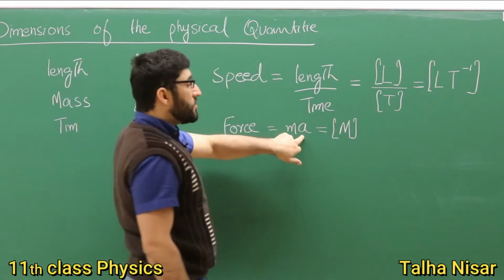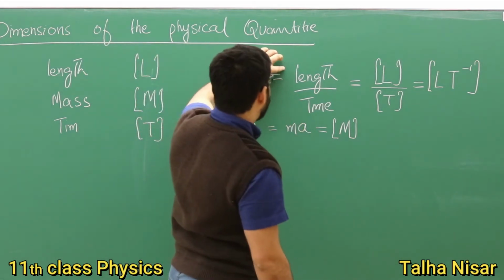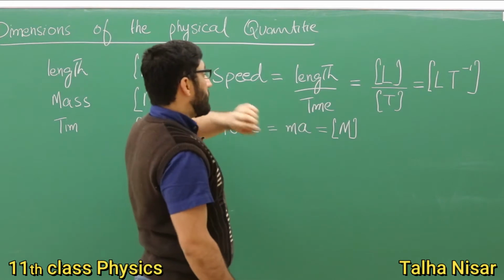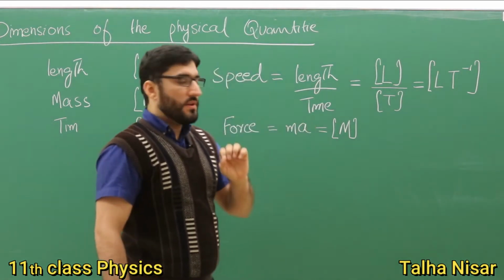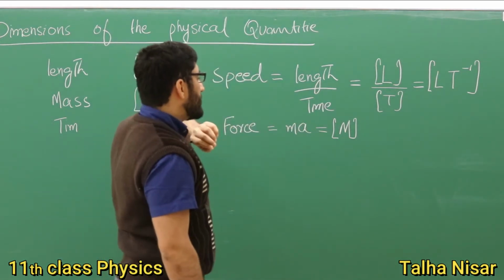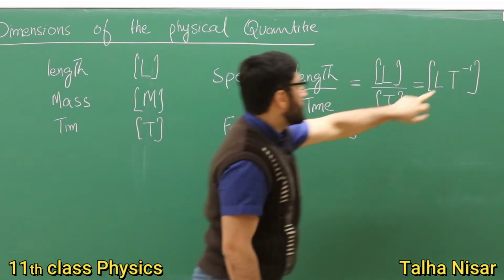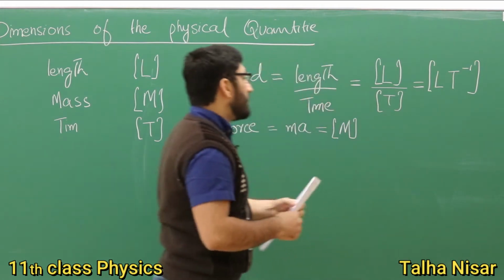For the acceleration, so we know for speed is the length divided by unit time, and the acceleration is the speed per unit time, change in speed per unit time. So for the acceleration we will have the t squared here, right? So we will have -2 here instead of -1.